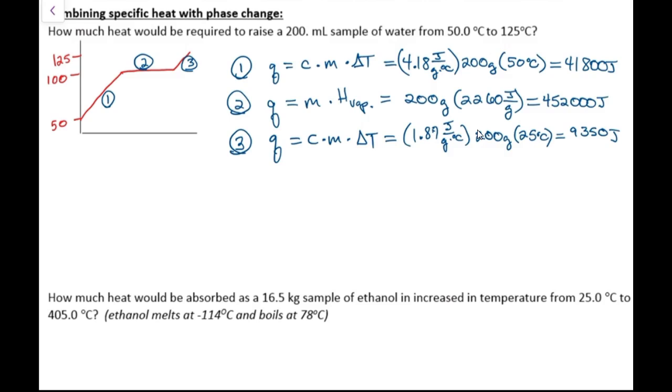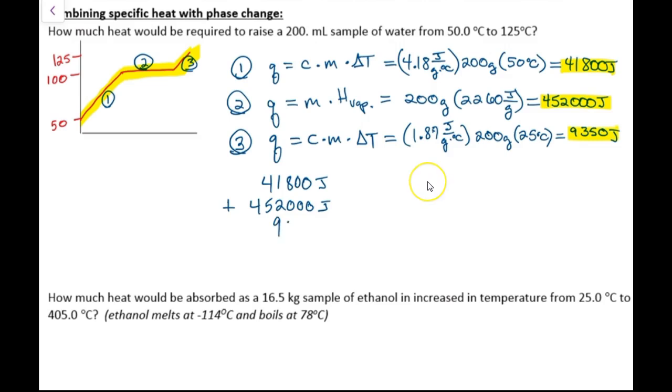And if we want to know what all of these together would be, in other words, from 50 all the way through the boiling process and up to 125, we're just going to add up these three numbers. So it's going to be 41,800 plus 452,000 and also 9,350.